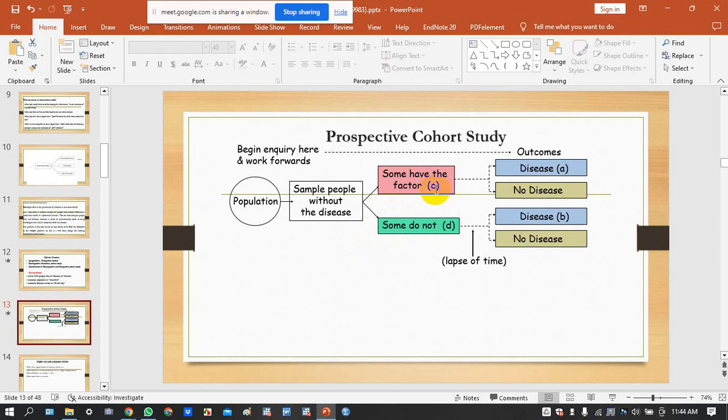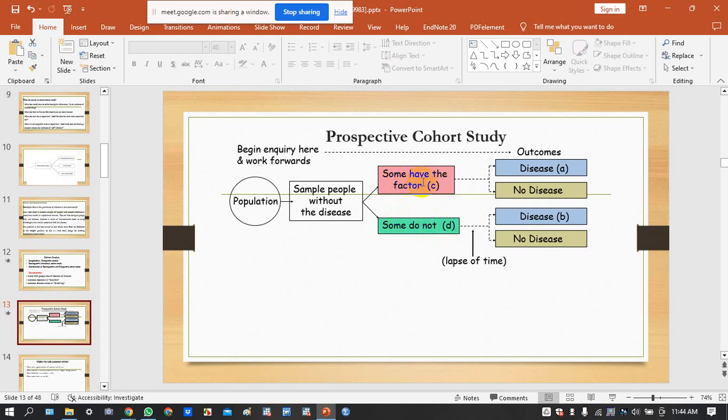So when you see C, what is it? Those who were exposed or have the risk factors, those who drank alcohol, those who smoke, they were associated with the risk factor. And those who did not drink alcohol, they didn't smoke, they were without the risk factor.